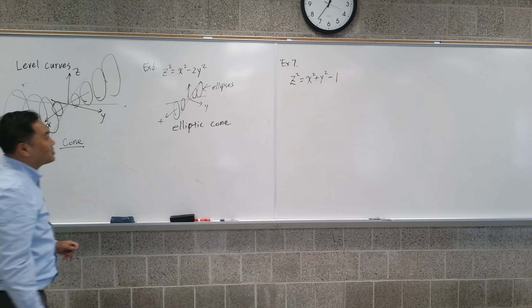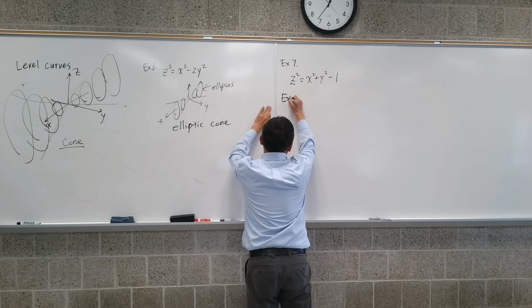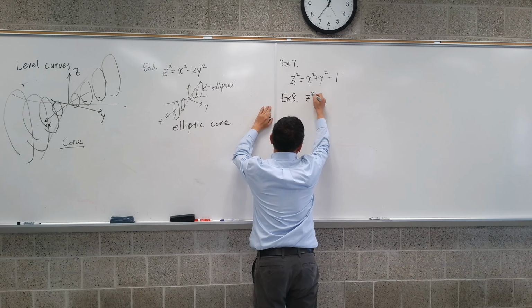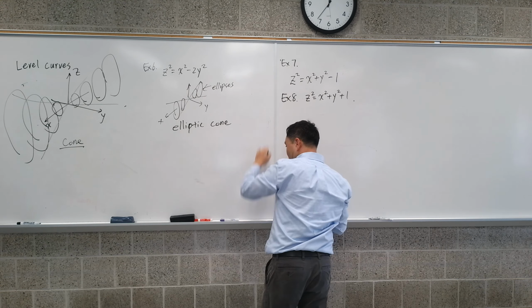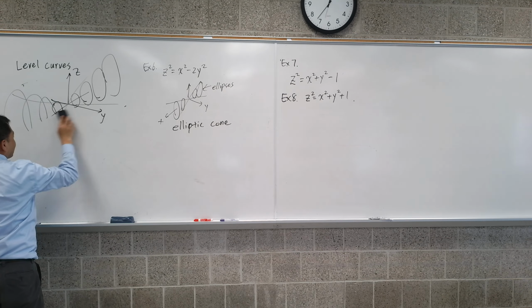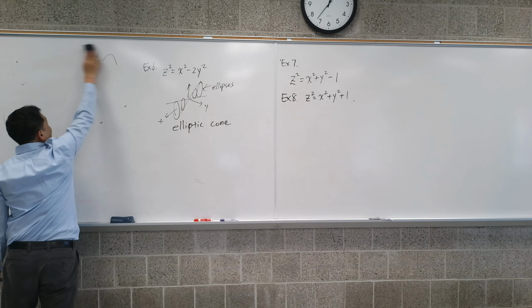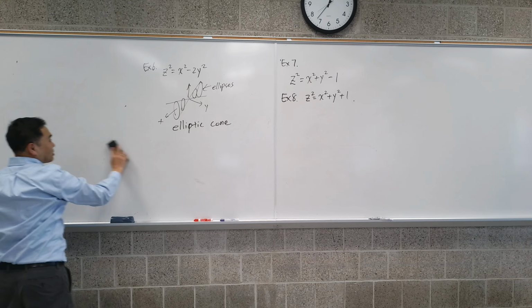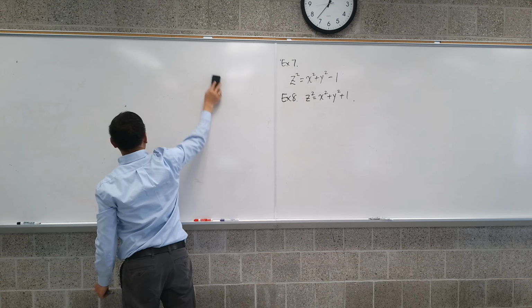So example 7 is the one with minus 1. Let me write down example 8 as well. z squared equals to x squared plus y squared plus 1. Now they look so similar, but the resulting graph has very distinct geometric features. We'll see what it is once you graph it, okay?